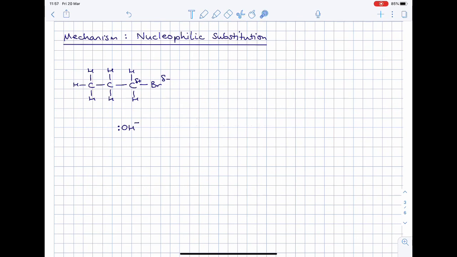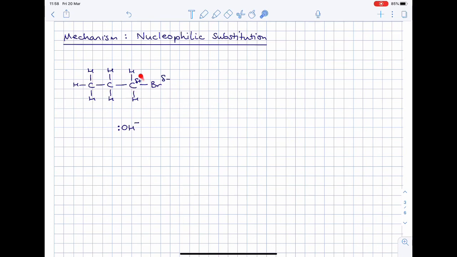As you can see, the functional group on the haloalkane is the halogen group, and it is reactive because there's a dipole along this carbon-bromine bond. We have a partial positive on the carbon and a partial negative on the bromine, because bromine is more electronegative than carbon. So bromine would attract the bonding pair of electrons towards it more than carbon.